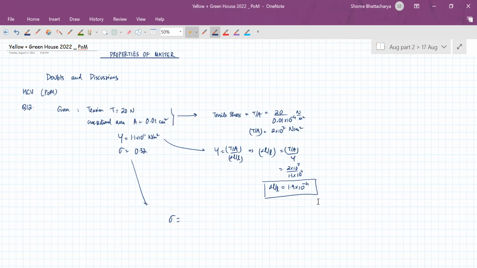Poisson's ratio is the ratio of the fractional change in diameter of a circular object, or rather cylindrical object, with respect to the longitudinal strain, or delta L by L. Using that definition of Poisson's ratio, we will calculate the fractional change in diameter, and from that we will calculate the fractional change in area using the concept of propagation of errors. So hope it is clear up to this point, friends.